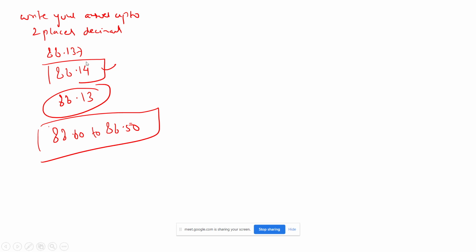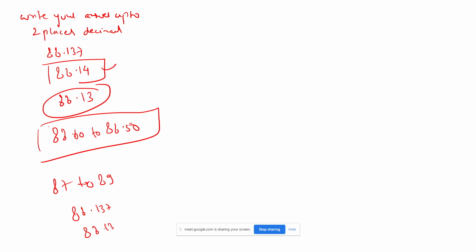Like if they give a range of 87 to 89, and your answer is coming 88.137, you can write 88.1314, anything, but give your answer in decimal, because you don't know whether they will give a range this big, or a range in decimal places.